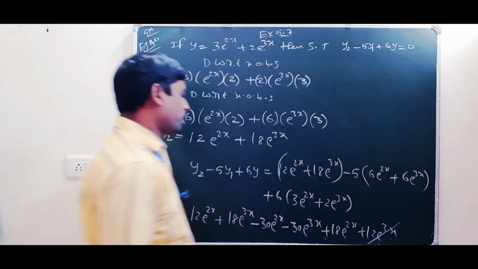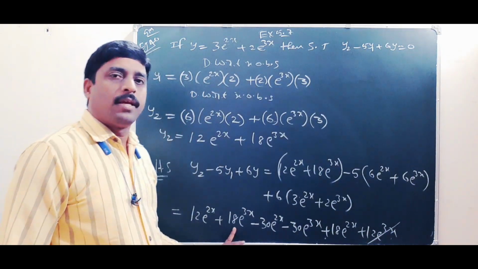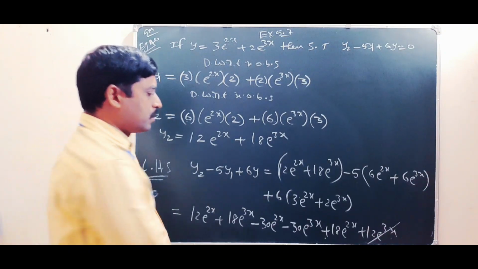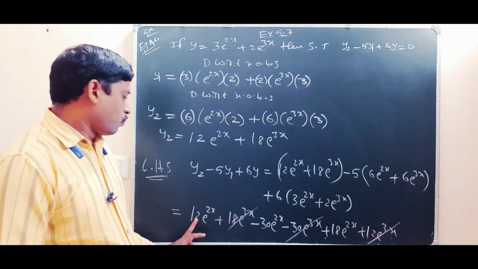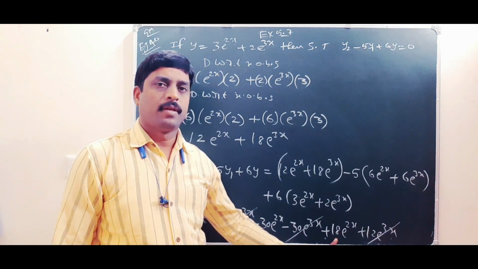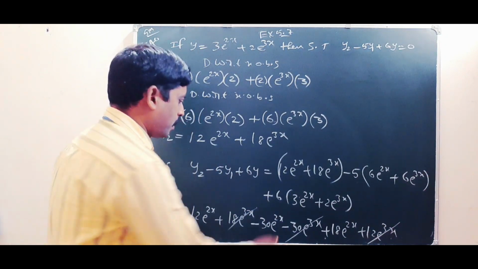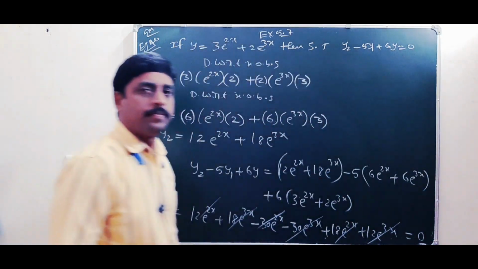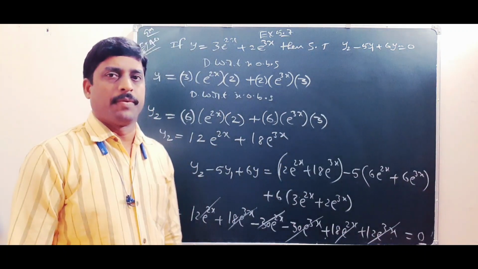So 12 e to the power 3x plus 18 e to the power 3x is 30 e to the power 3x. This 30 e to the power 3x gets cancelled. 12 e to the power 2x plus 18 e to the power 2x is 30 e to the power 2x, minus 30 e to the power 2x gets cancelled. So the answer will be 0. What is the answer? 0. Hence proved.